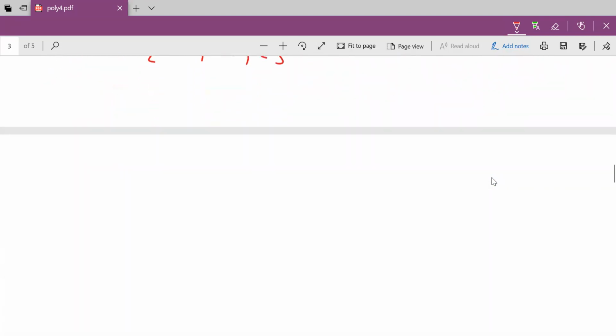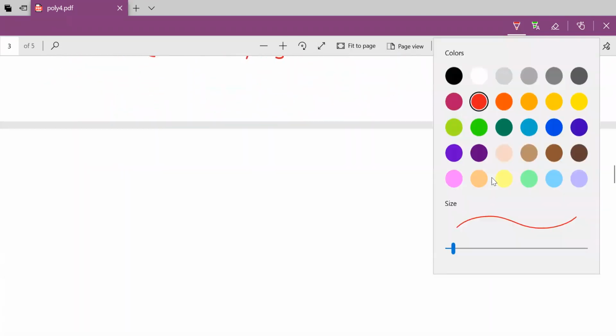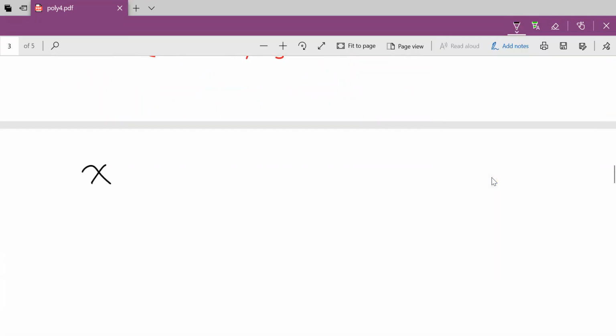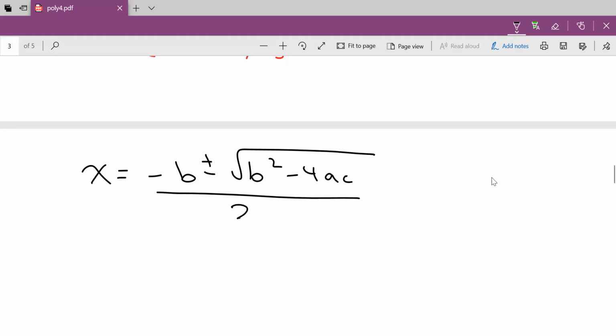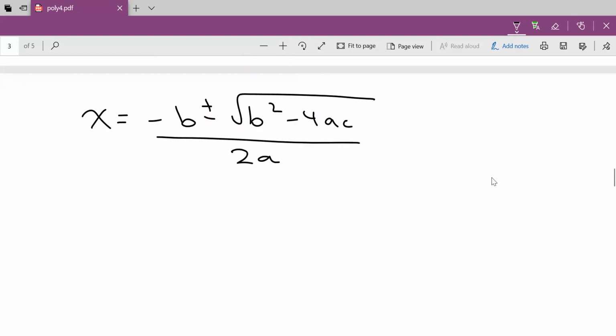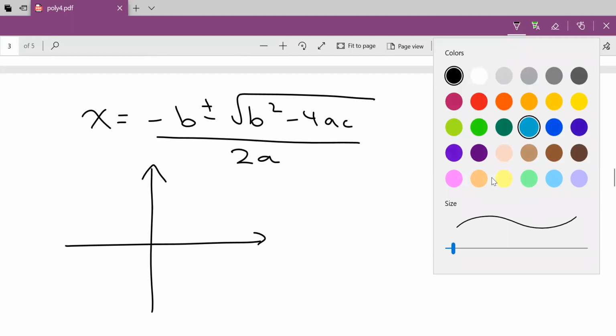Again, on occasion, you might have to use the quadratic formula to finish off finding the zeros. My hint that I have to use my quadratic formula when I go to find the zeros is this. Again, I'm always going to graph this thing first.